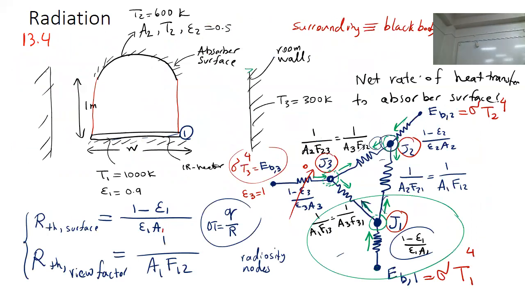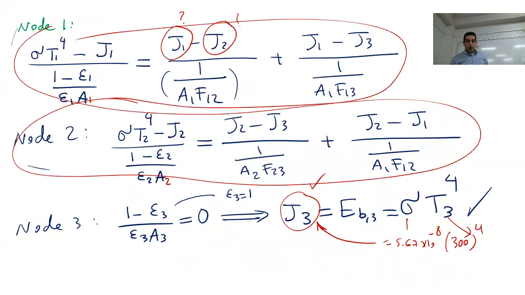So maybe the third one was equal to 0 because it's the wall and it's a black body. We assumed it, or it's given. If you have a black body surface, you can't assign any resistance because the emissivity is 1, so the surface resistance is 0. Exactly.